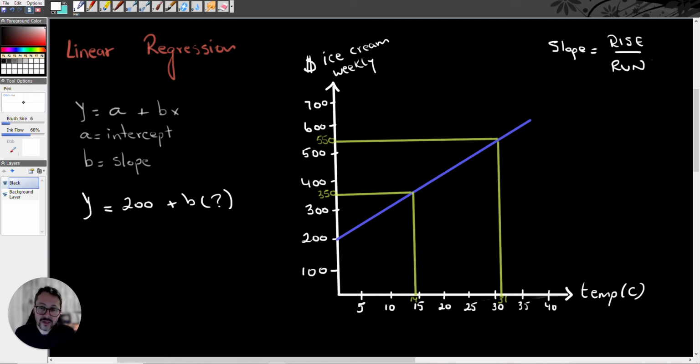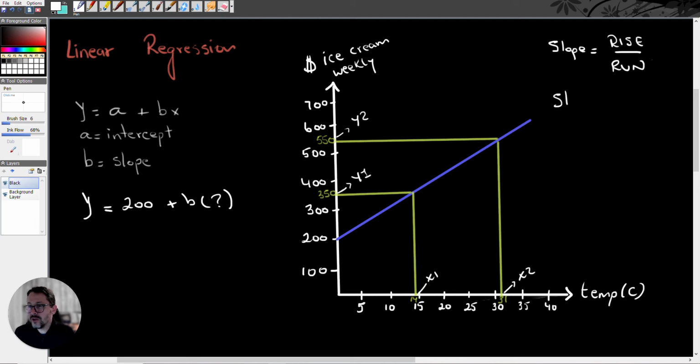I use this one here, start at 550 and then 350. So that's here my y2, and this is my y1, the highest and the lowest. And then similarly, I did the same on the x. You can see where the points intersect. So about 31 here, not exact, so that's my x2, and then about 14 is x1.